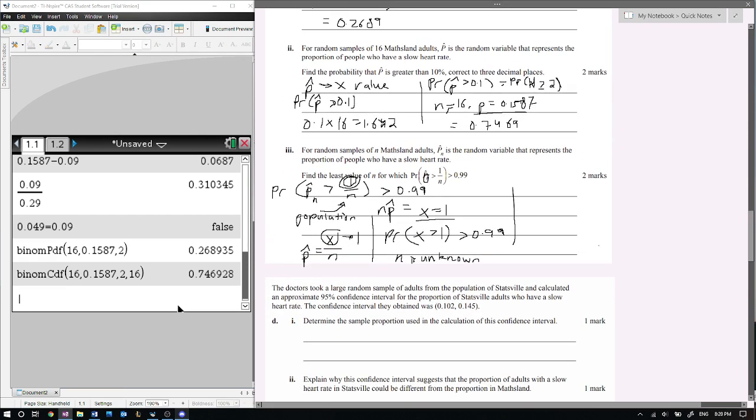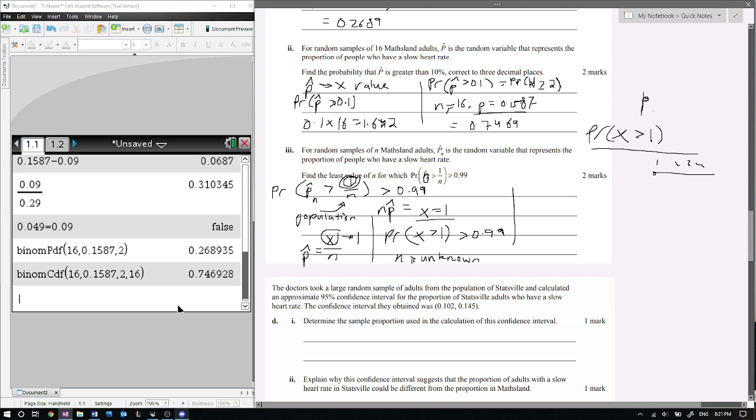And to make things easier on us, just think about what this is saying. So probability x is greater than 1 is greater than 0.99. It's saying that the probability from everything above 1 to n is greater than 0.99, and you have to find n. So that'd be impossible to do because you can't do n factorial of, let's say, 5, 6, 7 because you don't know what n is. So instead we can express this equation like this, because PR x is greater than 1 is all the values that are more than 1. So 2, 3, 4.